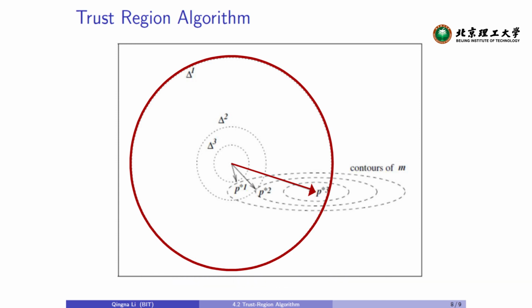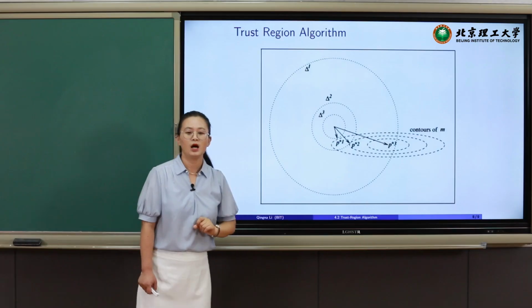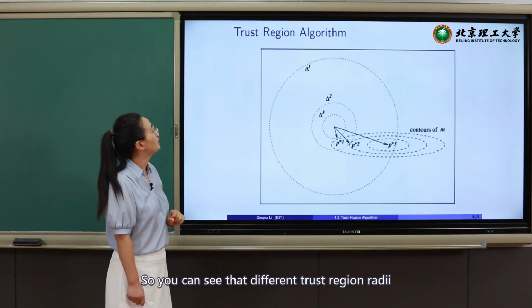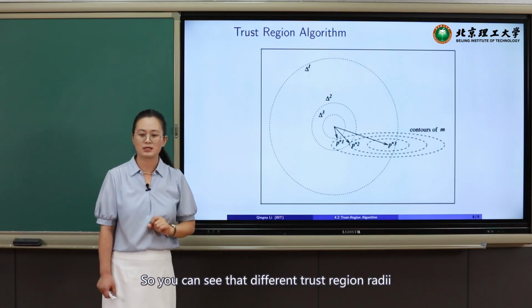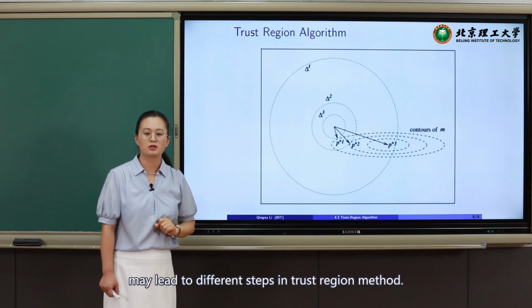In this case, the subproblem of the trust region is actually an unconstrained optimization problem because the trust region restriction will not take effect. Okay, so you can see that different trust region radii may lead to different steps in the trust region method.